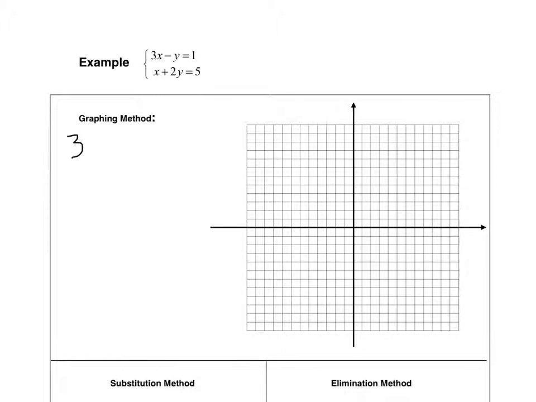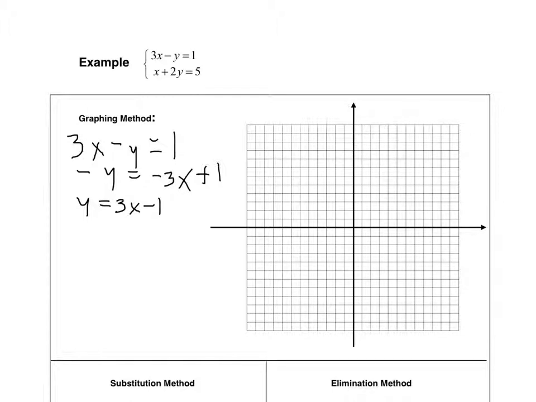We have 3x minus y equals 1. There are two different ways we could graph this. We could solve for y. So we could have minus y, let's subtract 3x from both sides, minus 3x plus 1, and then we divide everything by a negative 1, and so we get y equals 3x minus 1.